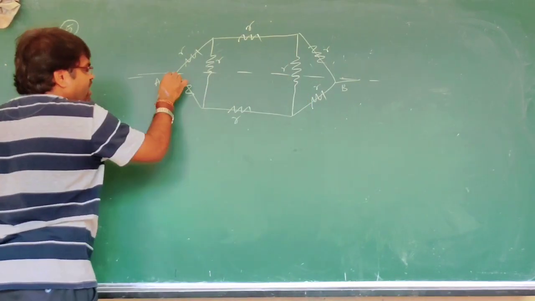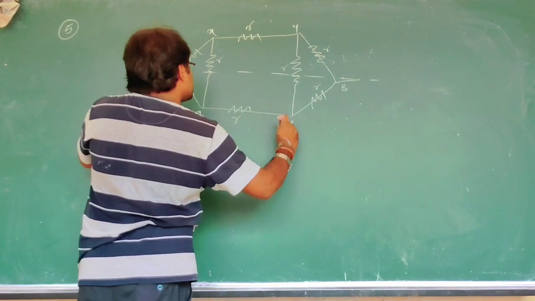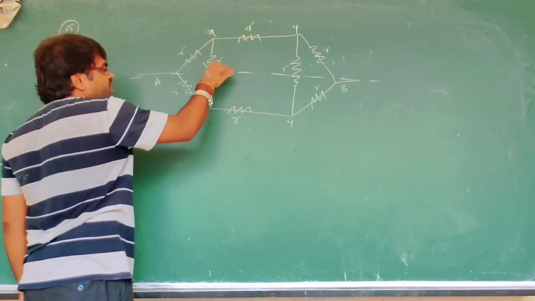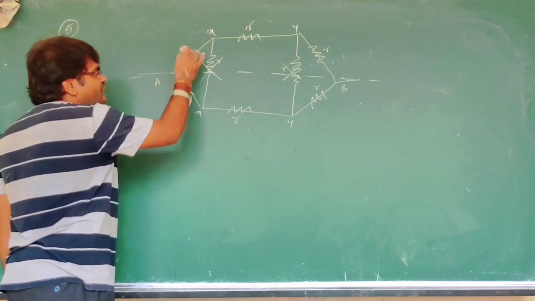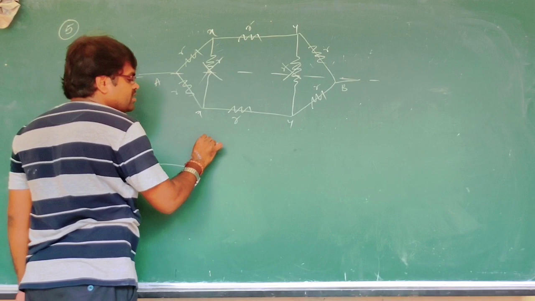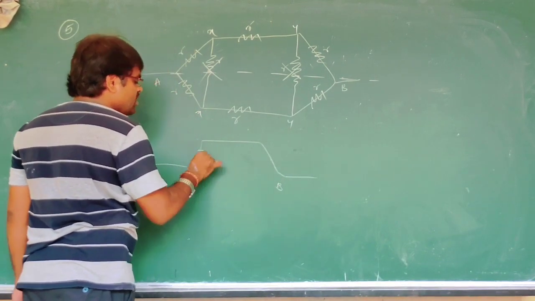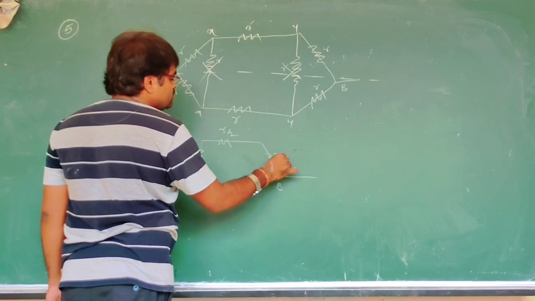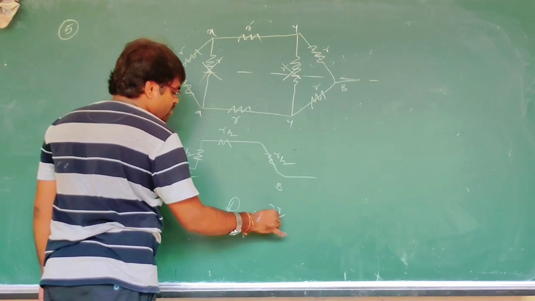Just X, Y, X, Y. Reverse it. Then same potential difference, same current. R by 2, R by 2, R by 2. Just A, B. R by 2, R by 2, R by 2. Answer: 3R by 2.